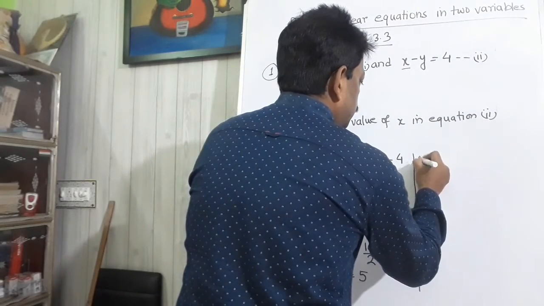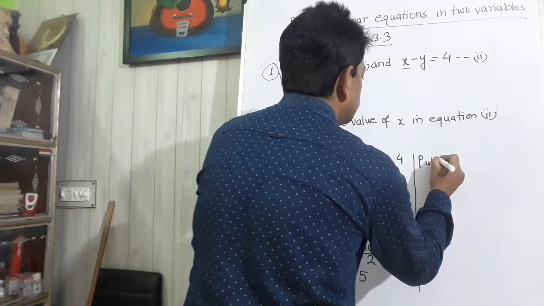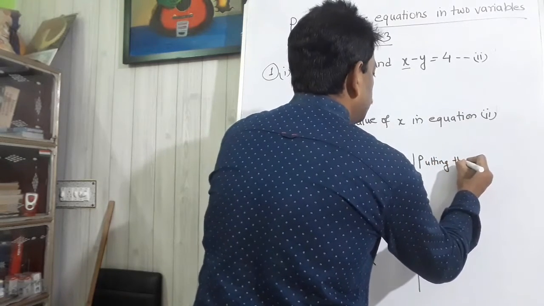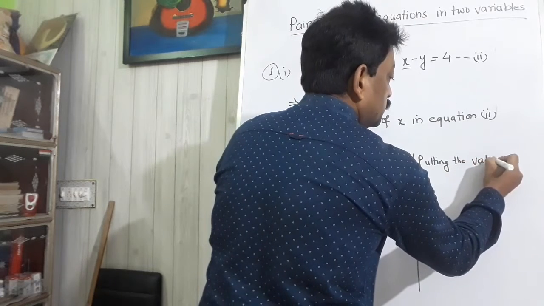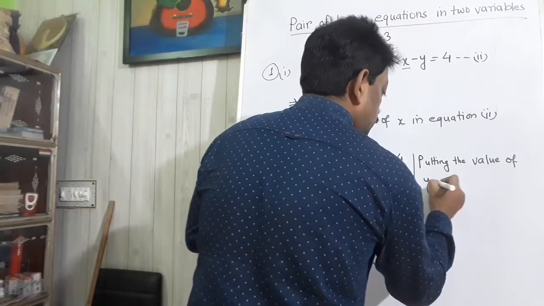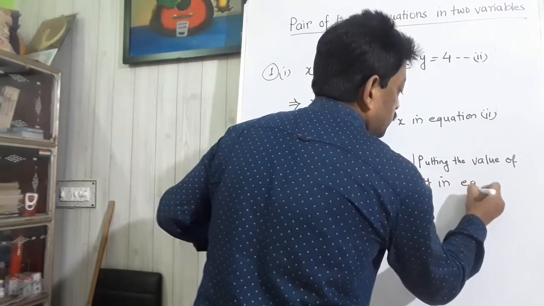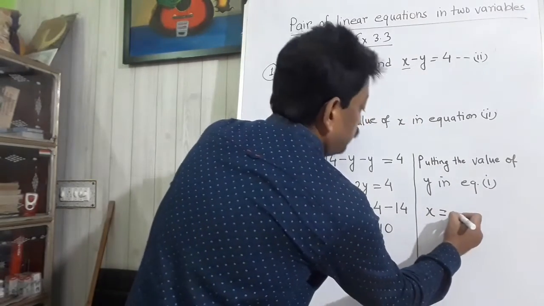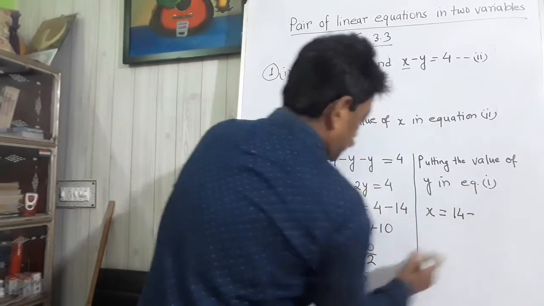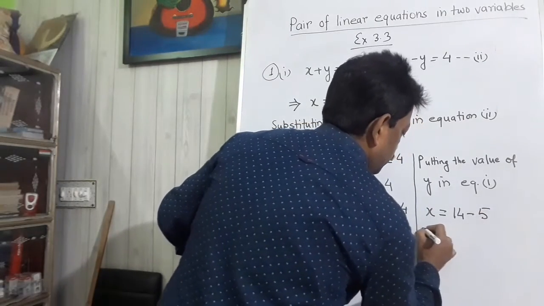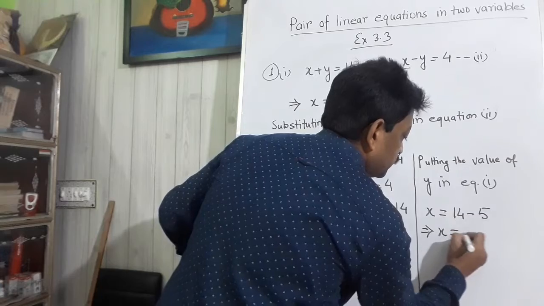So putting the value of y in equation 1. So we will get x is equals to 14 minus y. Y is 5. So here write down 5. Therefore we get x is equals to 9.